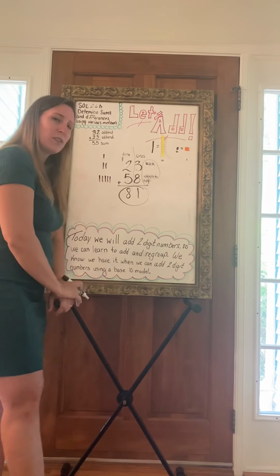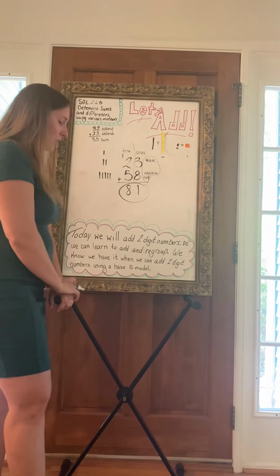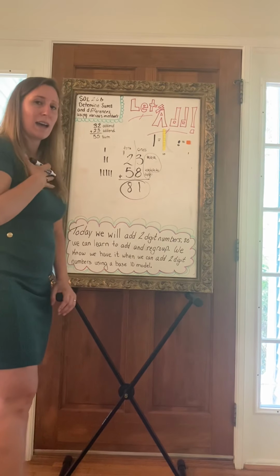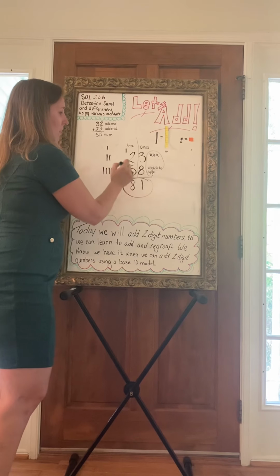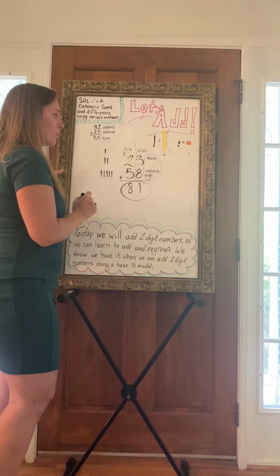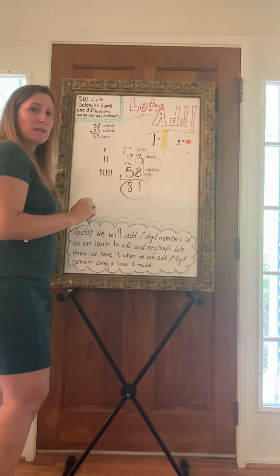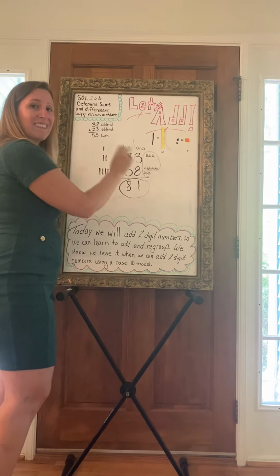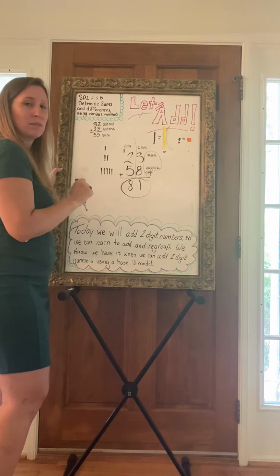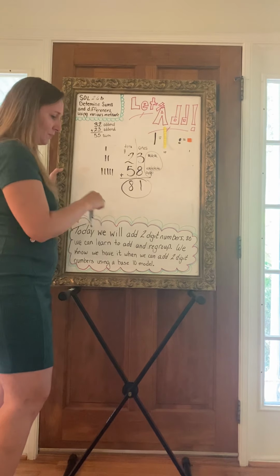Now, how do I know that you're going to get it? How do you know that you've got it? I know that you've got it when you can show me how to add 2-digit numbers with regrouping using your base 10 model, whether you draw it out or whether you use your blocks and then draw it out. Either way, that's what I need you to show me today.